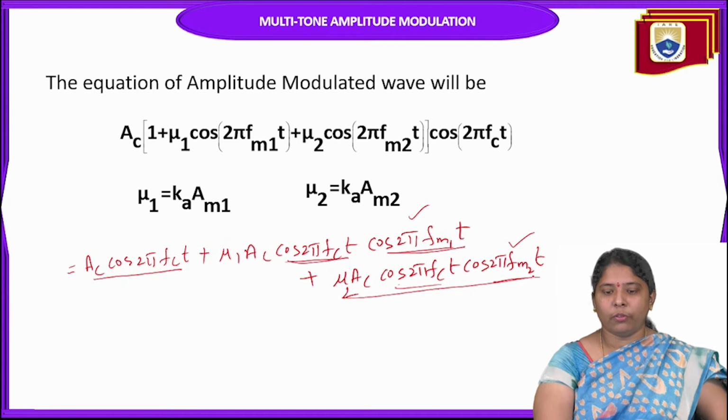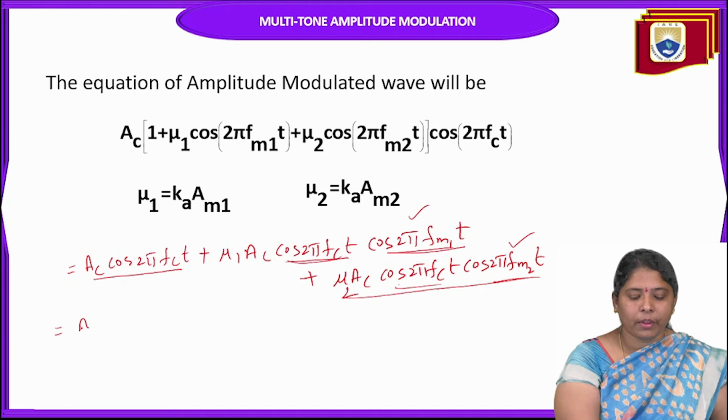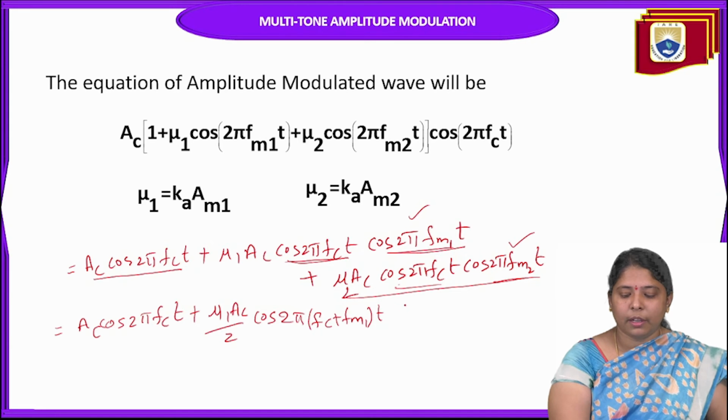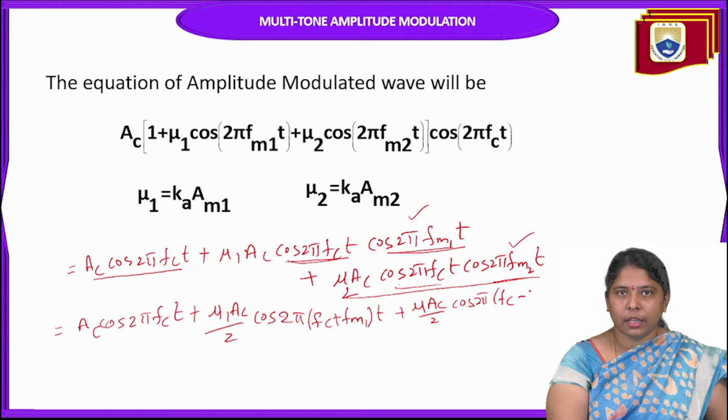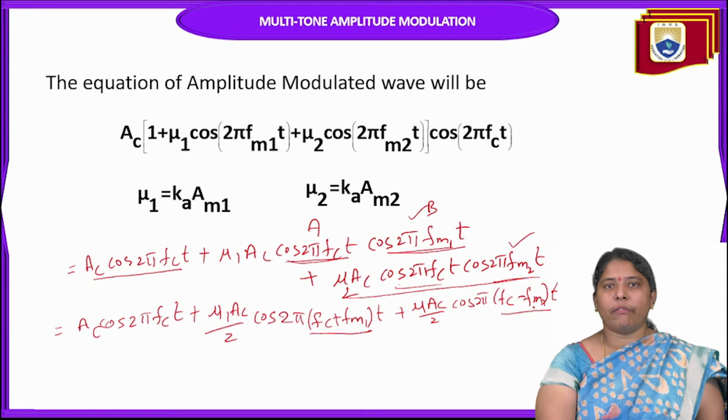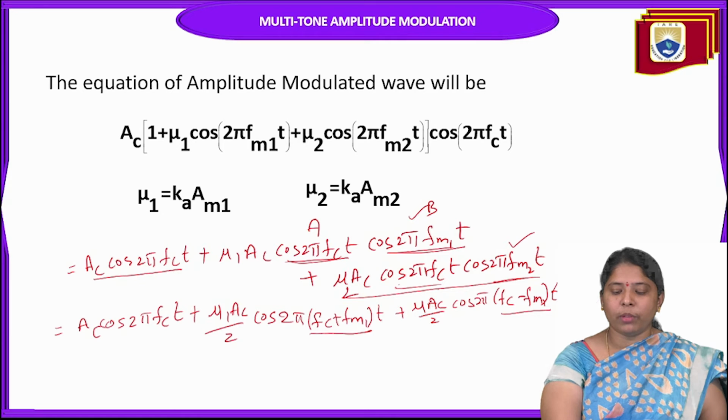Again apply the cos A cos B formula in the second term and the third term also. If we apply it, then the expression simplifies to Ac cos 2π fc t, that is the carrier term, plus the second term mu1 Ac/2 cos 2π(fc + fm1)t plus mu1 Ac/2 cos 2π(fc − fm1)t. Here in cos A cos B, A is 2π fc t and B is 2π fm1 t, so A plus B means cos 2π(fc + fm1)t and A minus B means (fc − fm1)t. These are the two terms from the second term.